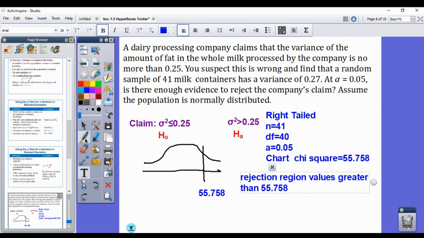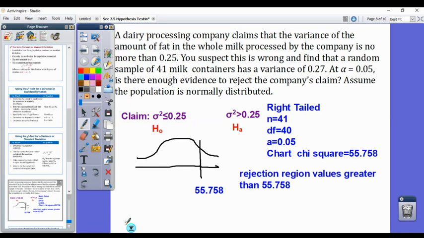Okay, so let's go ahead and use our formula. So our formula, remember, is chi-squared equals n minus 1 times s squared over sigma squared.